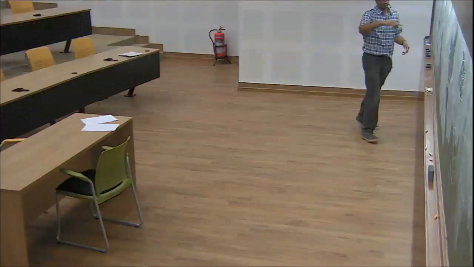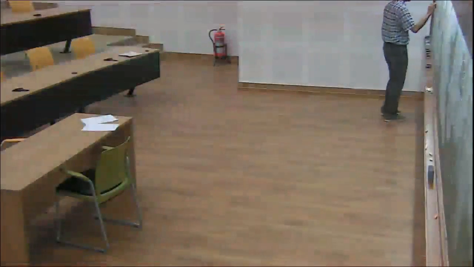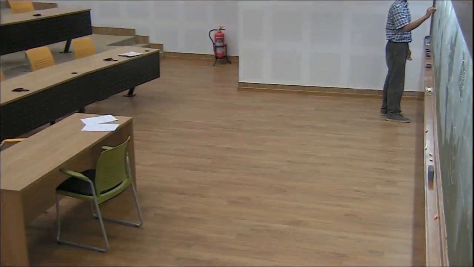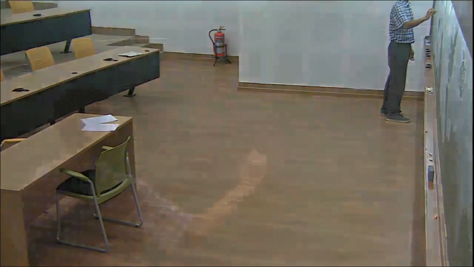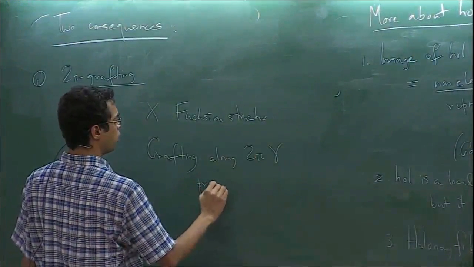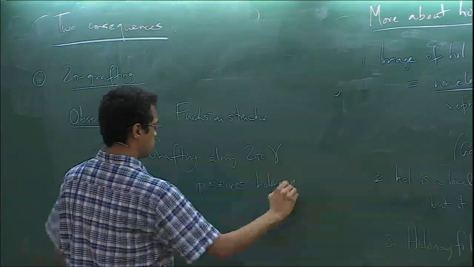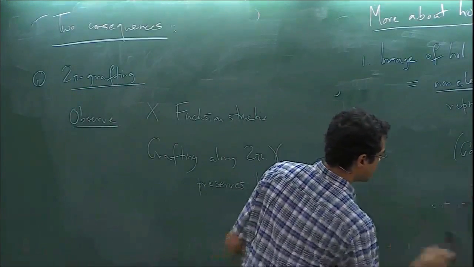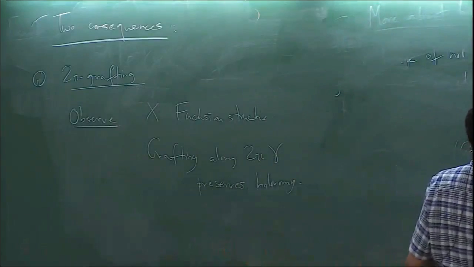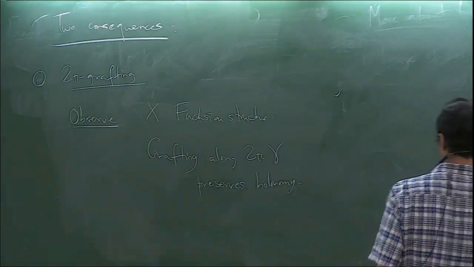But it does give you a new complex projective structure because now the developing map wraps around the sphere once. So the observation is that grafting along 2 pi times some simple closed geodesic preserves the Fuchsian holonomy. One way of visualizing this is to describe what happens to the developing map.